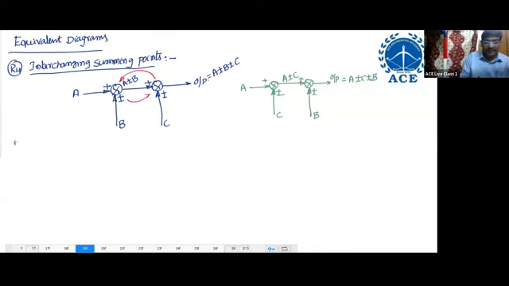Next, rule 5: adjusting block gain and take-off point.